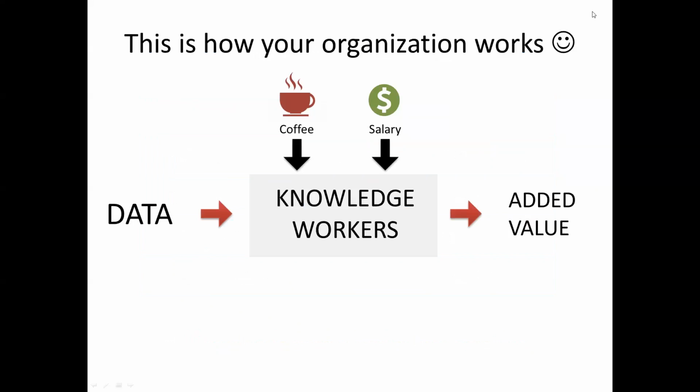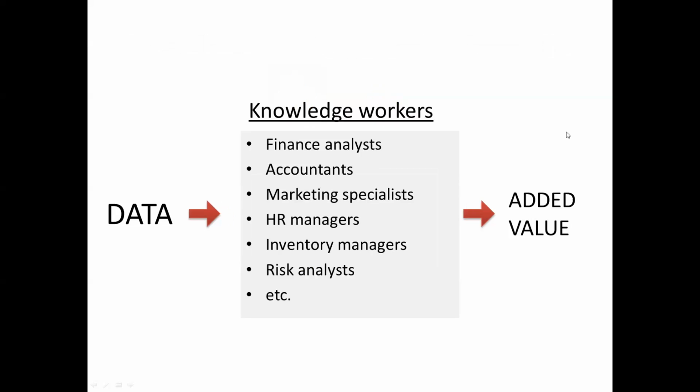And we will be talking mostly about knowledge workers, because the problem the data catalog solves is the problem related to knowledge workers. When we talk about knowledge workers, who are they, what do they do?